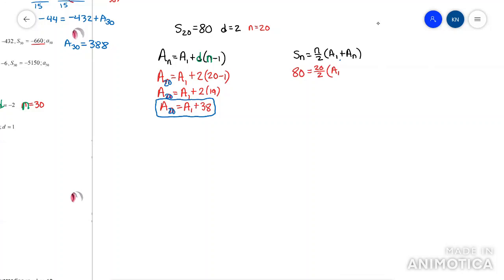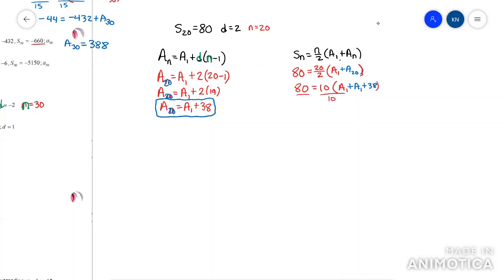All right, so plus A sub 20. I'll try not to skip any steps here. So really you have 80 equals 20 over 2, which is 10. So we're going to call that 10. And we have A1, and then we have our substitution. We can change A20 to be A1 plus 38.